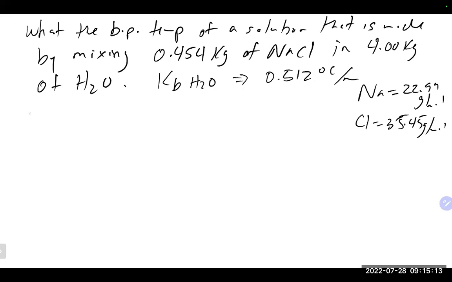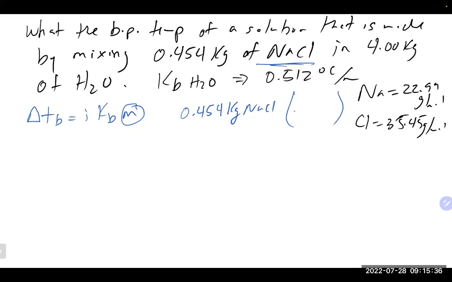So I believe our change in our boiling point temperature here, we will incorporate the i here because this is sodium chloride, and our Kb and our molality. In this case, we don't have the molality calculated. So we'll do that. So we'll convert our 0.454 kilograms of sodium chloride into grams. So 1 kilogram is 1,000 grams.